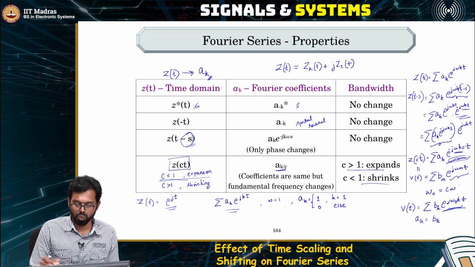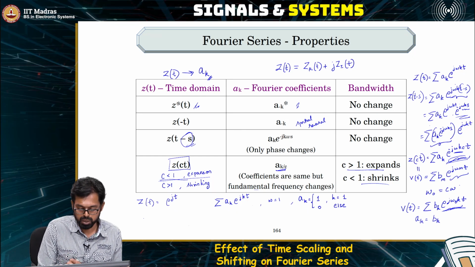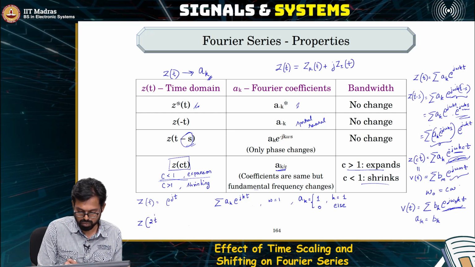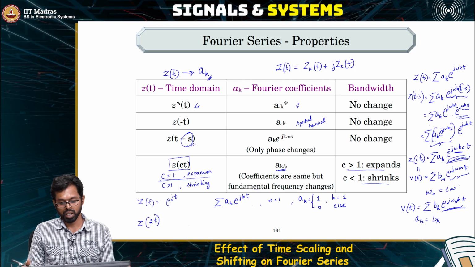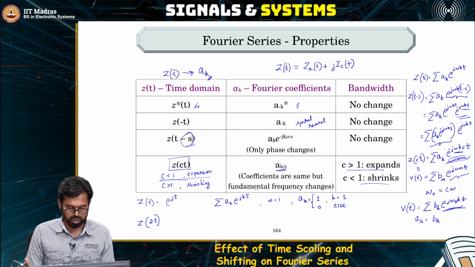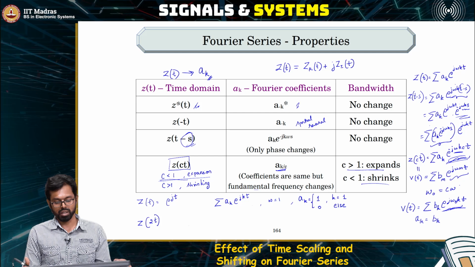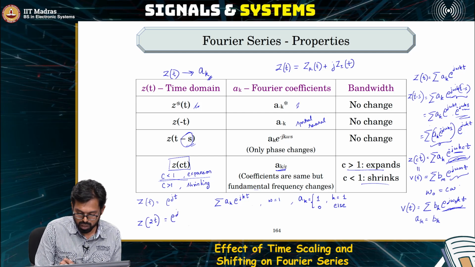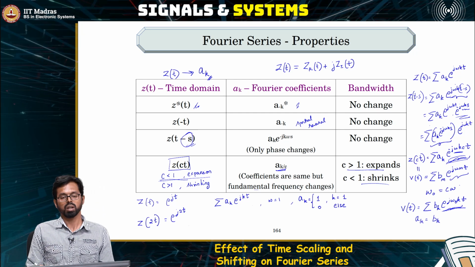Now what if we expand this? Let us say I expand this to 2t, or in this case I have compressed it, because the scaling factor is greater than 1. So I have compressed it in time. So this becomes e power j2t.